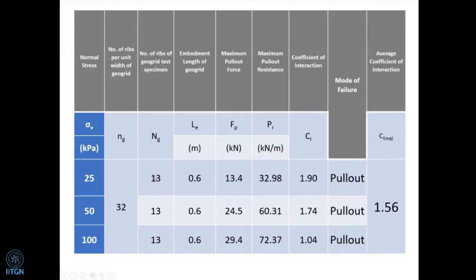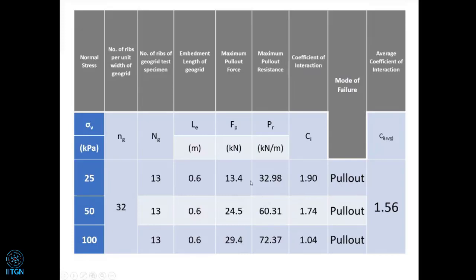LE is the length of the embedment, prescribed by the manufacturers. It was 600 mm. The maximum pull-out force under different normal stresses varies from 13.4 to 29.4.